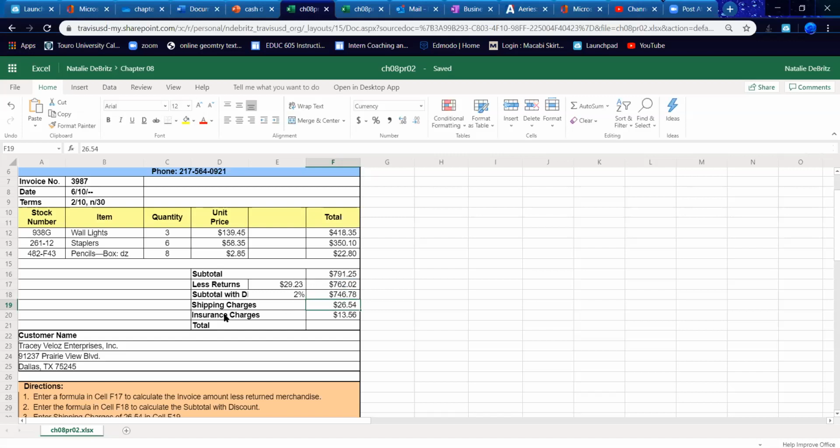Then I have shipping charges and I have insurance charges, because whatever I'm shipping, they want to make sure that if there's any breakage, it's going to be covered. So that's going to be equal to the new amount with the discount plus the shipping charges plus the insurance. So I can auto sum.